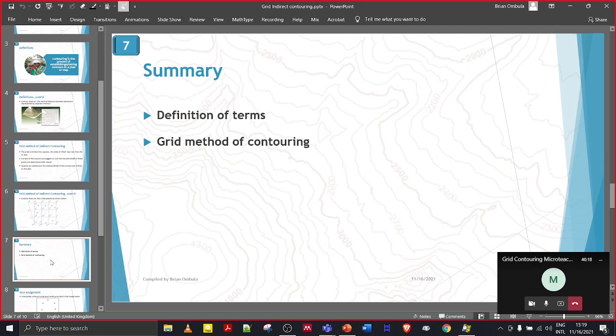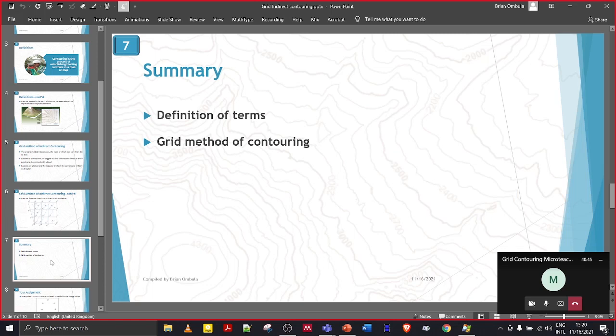We said contouring is the process of plotting contours on a plan or on a map. We briefly touched on the grid method of contouring, which is very different from the direct method of contouring. We'll be focusing on that sometime in the future. Under the grid method, you subdivide the area you want to contour into a number of squares.